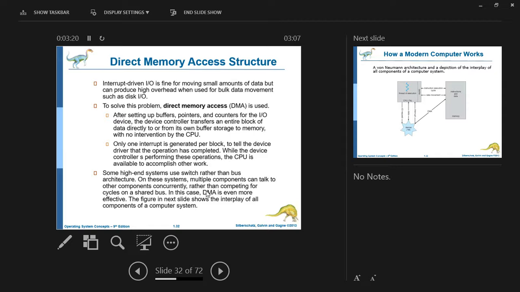We have programmed IO, isolated IO, and then direct memory access. Direct memory access is the efficient one, also implemented in IOPs, where the IO devices are allowed to access the memory directly.